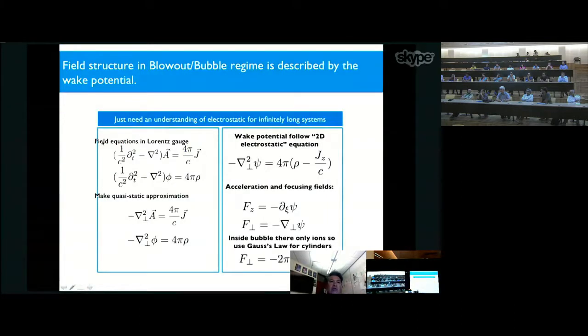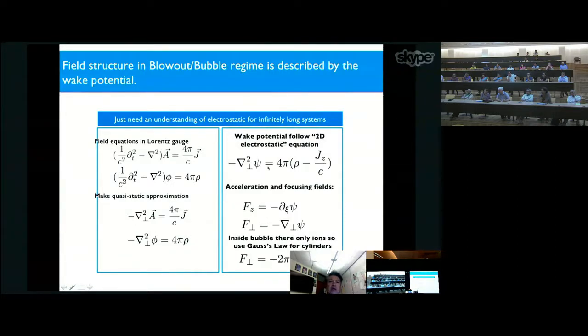So if you look at the field equations in the Lorentz gauge for the A and phi, you then make the quasi-static approximation, which is that d by ds is much smaller than d by dc. These two equations end up becoming transverse Poisson-like equations. If you subtract these, you end up with an equation for the pseudopotential, which is simply a Poisson-like equation where the source term is not just the charge density, it's the charge density minus jz over c.